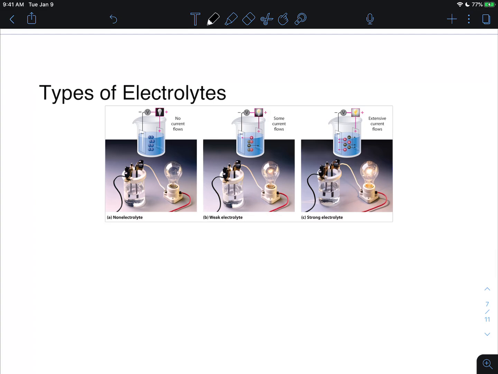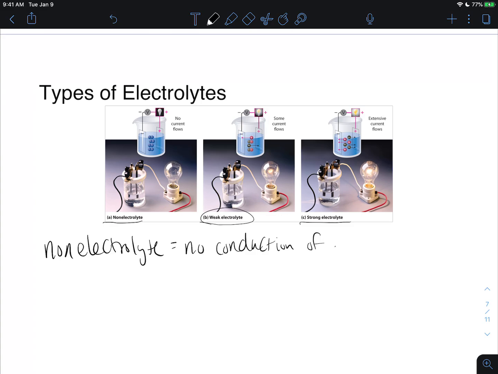Okay. Now, we can have electrolytes in a couple different forms. We can have what we've already looked at, a non-electrolyte, or we can have what's called a weak electrolyte. A weak electrolyte is only going to partially dissolve, so it only has a little bit of current. And then a strong electrolyte completely breaks down into ions and has a good conduction of electrons. So non-electrolyte, no conduction of electrons. And this produces a non-electrolyte solution when dissolved.